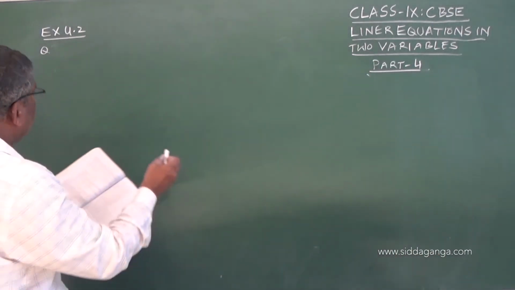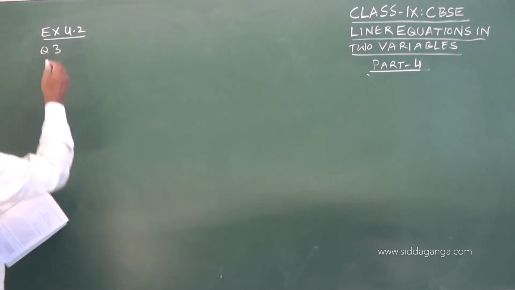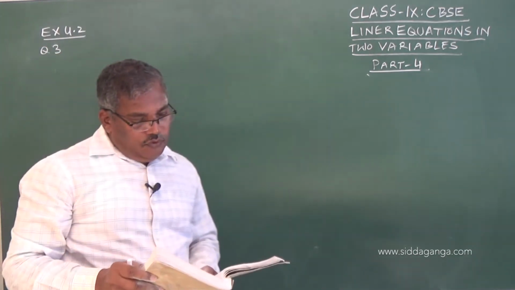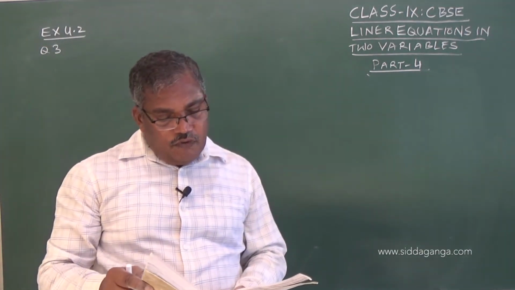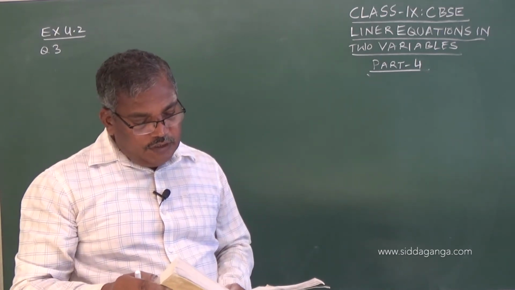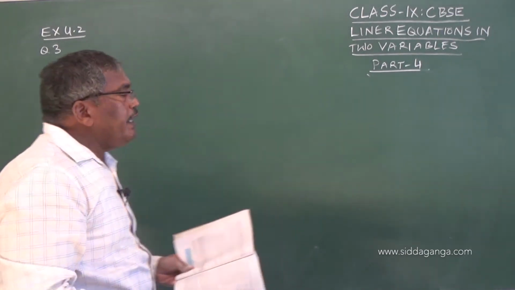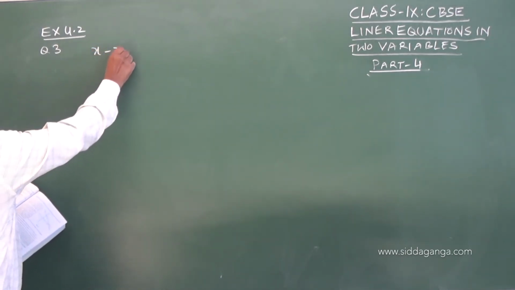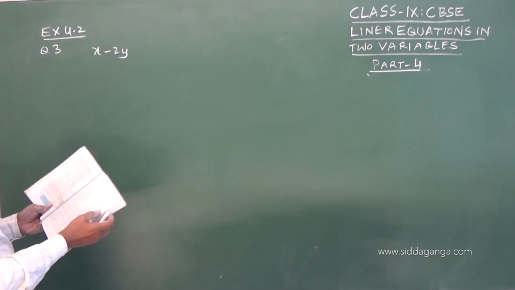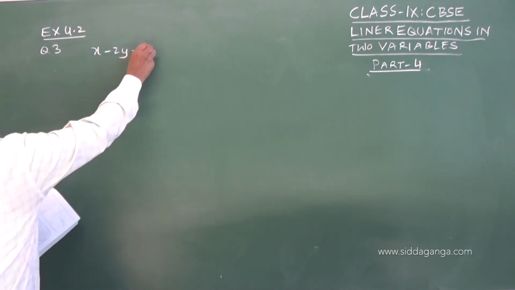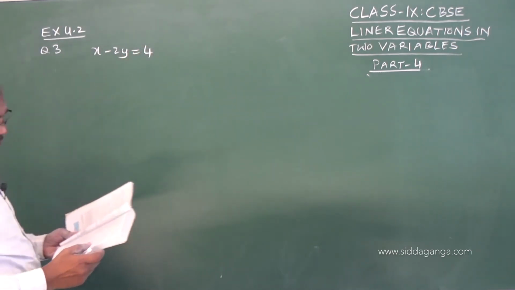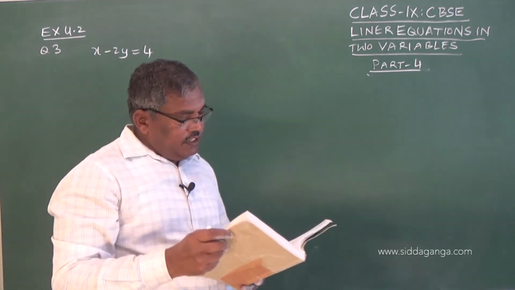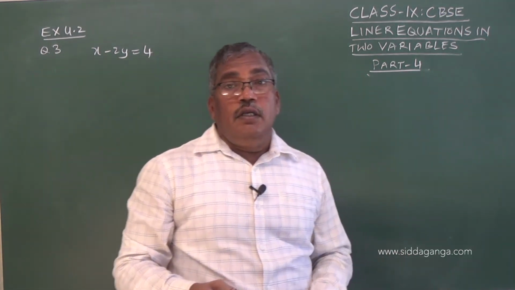Question number 3. Check which of the following are solutions of the equation x minus 2y equals 4 and which are not.